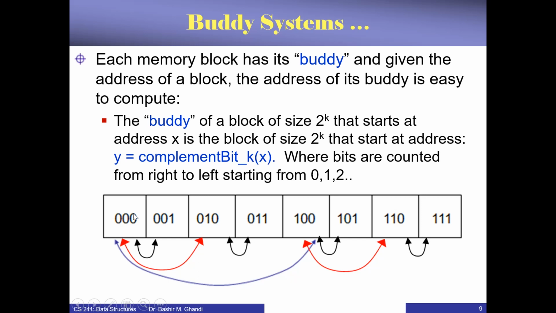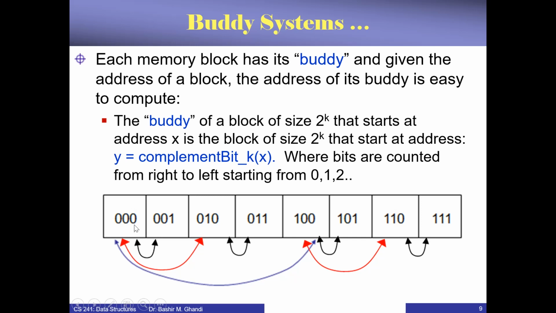Well, the same formula. The size is 2 this time, so convert 2 to be a power of 2. Obviously 2 to the power 1 is equal to 2, which means k is equal to 1. Therefore, to get the address of the body, you need to complement bit number 1.